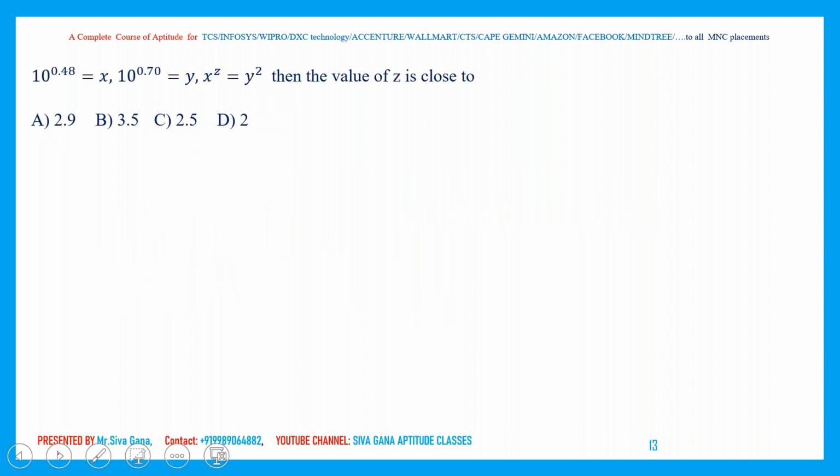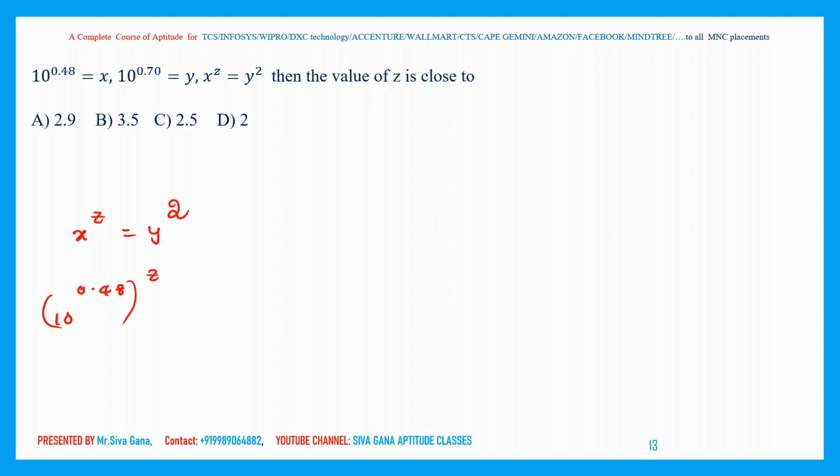Next question. 10 power 0.48 is x. 10 power 0.70 is y. X power z is equal to y square has been given. X is 10 power 0.48, right?